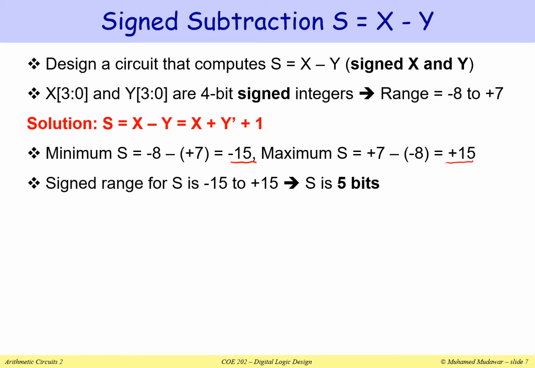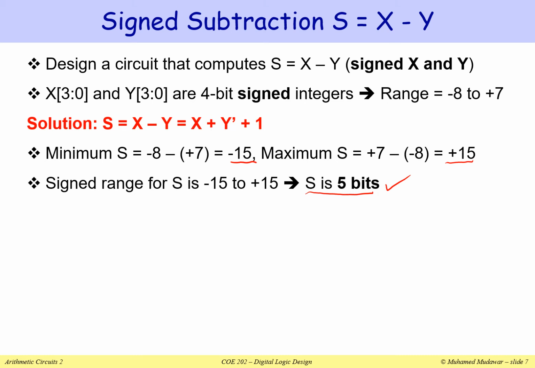So what I need is to be able to represent this range from -15 to +15. And to represent this range, we need S to be 5 bits because it cannot be represented with 4 bits. With 4 bits, you can go from -8 to +7.